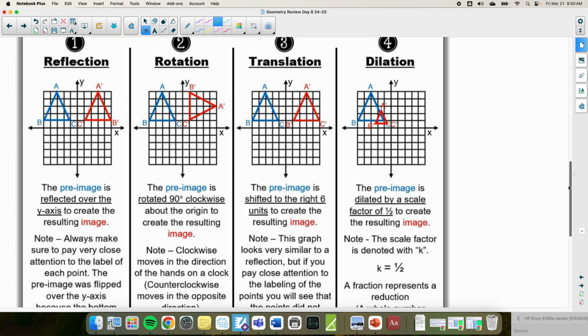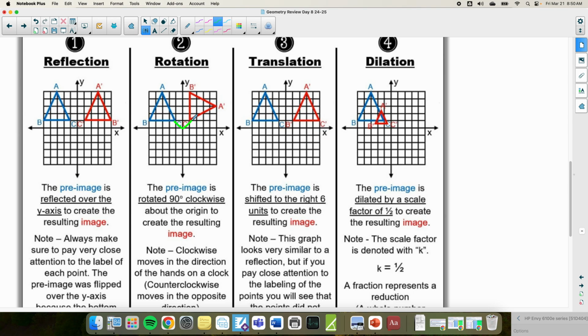So we'll talk about this more on Monday, but one thing we talked about just the other day, when you do reflections, rotations, dilations, the first figure is always normal ABC. The new one is A prime, B prime, C prime. That's a reflection. This one was rotated about the origin again, and you can tell that because it's actually turned. Translation is just shifting it left and right, and a dilation.